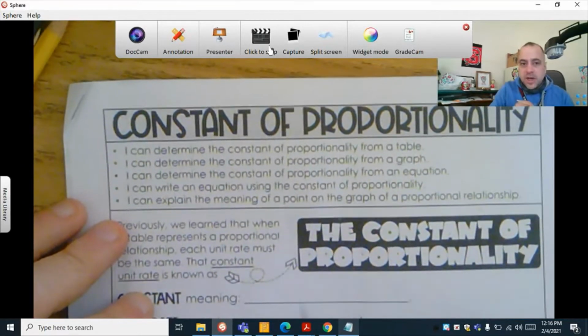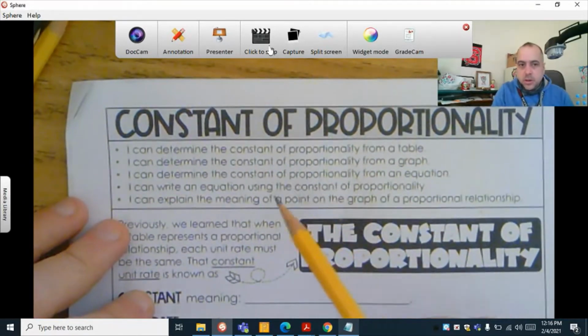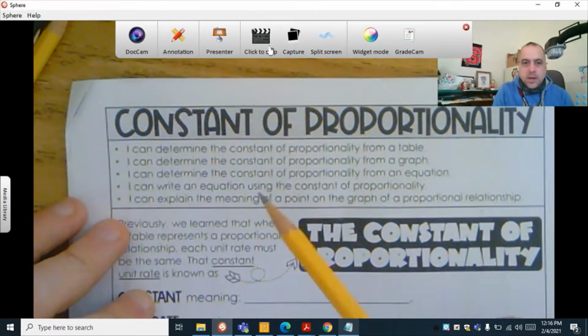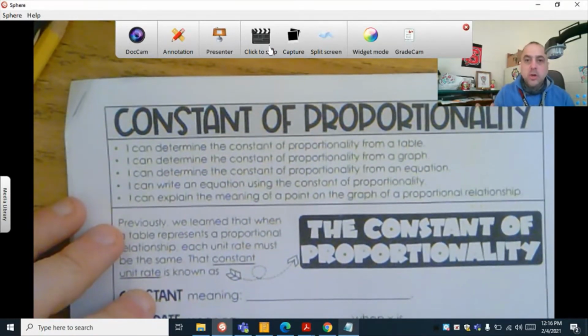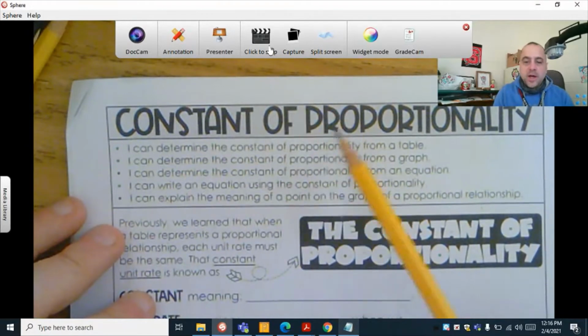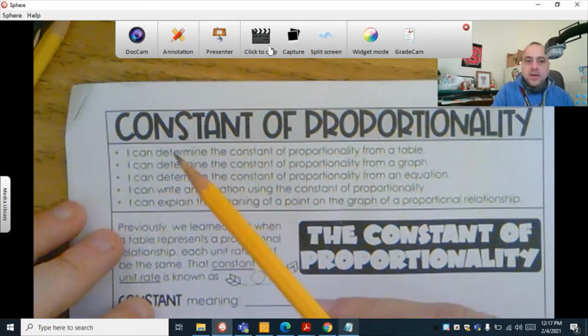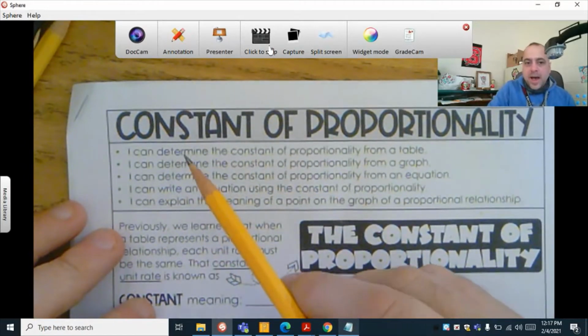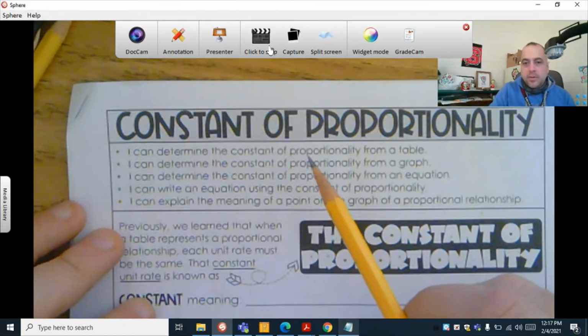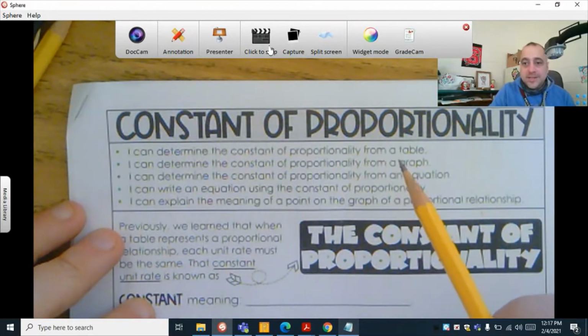First things first, I want to give you some examples to put in right here. These are all the things it's saying you should be able to do when you're done talking about constant of proportionality. I can determine the constant of proportionality from a table.